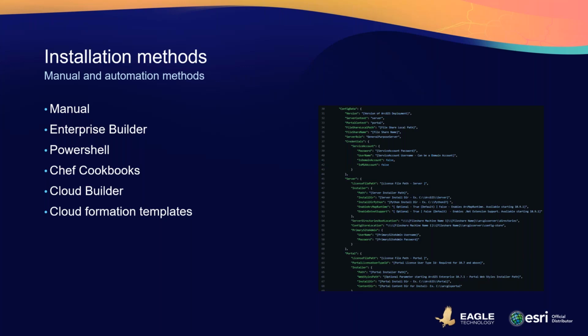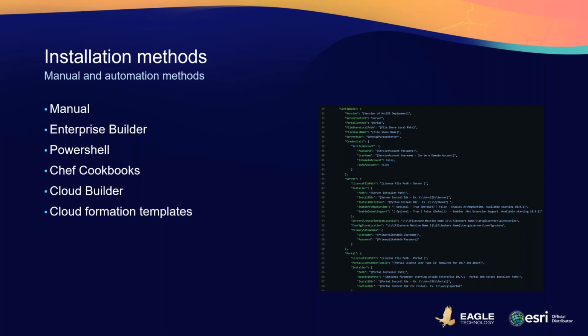Onto the Enterprise Builder, and I'll hand it back over to Andrew. Yeah, so if you do want to go next, then you have the option of ArcGIS Enterprise Builder. It is designed in its simplest form to get a base deployment of ArcGIS Enterprise, which we'll touch on further.